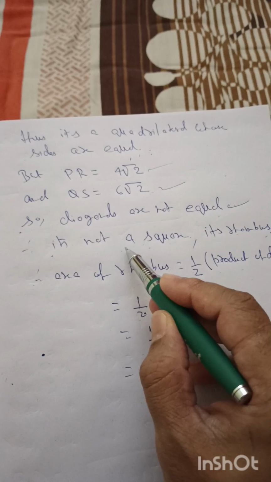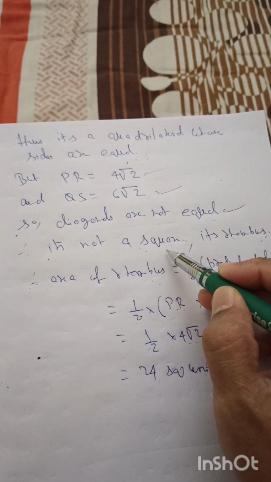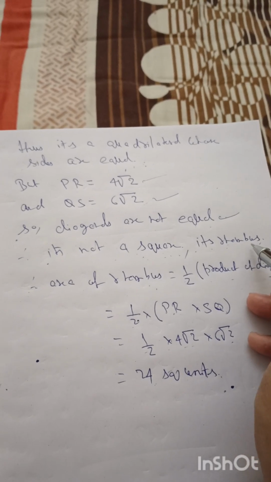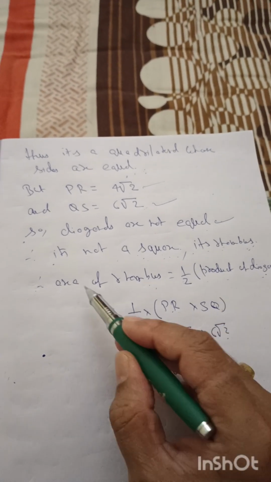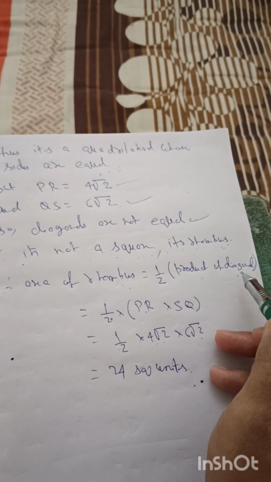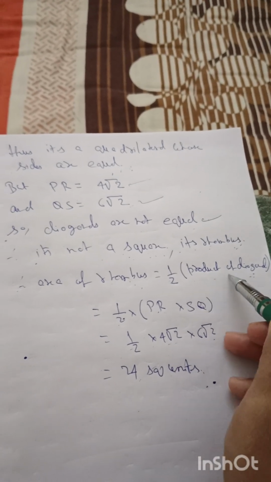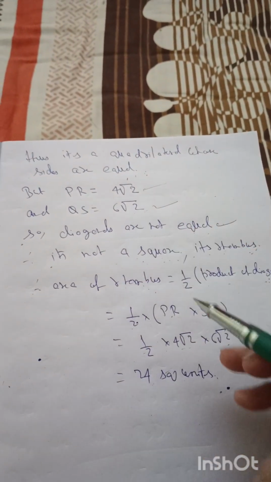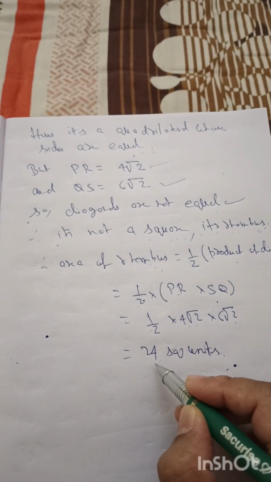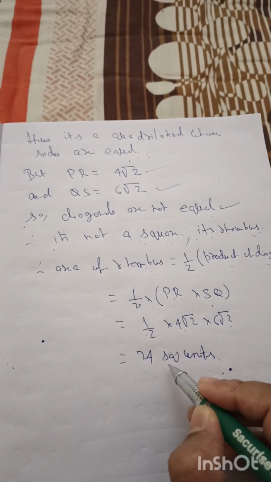So we can say that it is not a square, hence it's a rhombus. Now, what is the area of the rhombus? Half into product of the diagonals. If we put the value of the diagonals that we have got, we get the area of the rhombus as 24 square units.